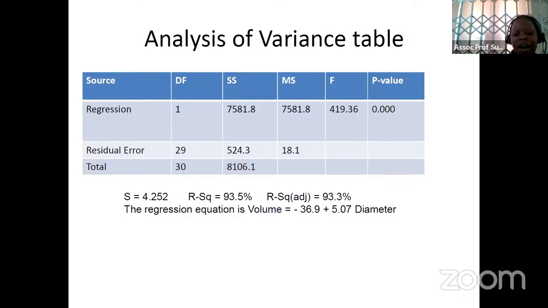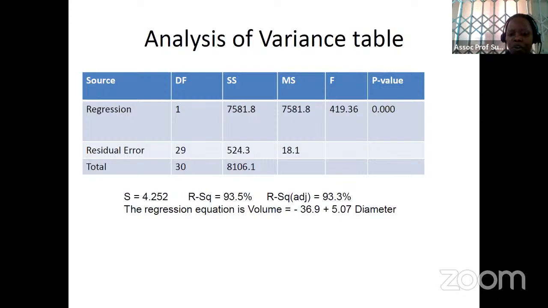So if we have our degrees of freedom for total at 30, then n minus 1 is equal to 30, so n equals 30 plus 1, giving us 31 observations. And then the residual degrees of freedom will be 31 minus 2, which gives us 29 degrees of freedom.